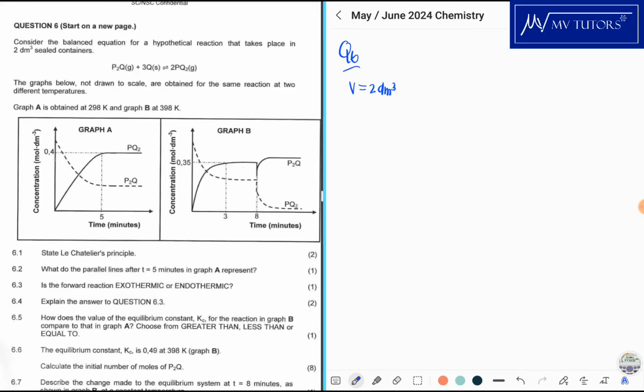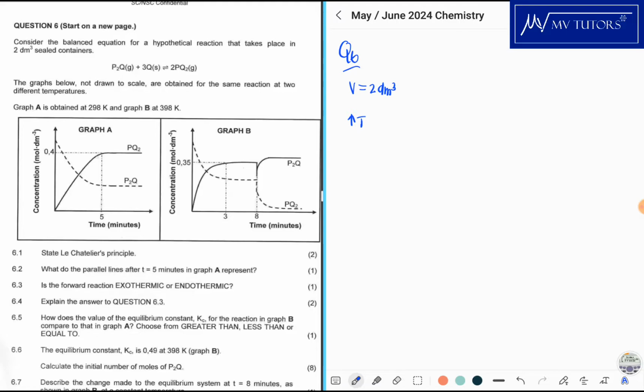We have concentration versus time. For graph A, equilibrium was reached at 0,4. And when you increase the temperature, equilibrium is reached at a lesser concentration.